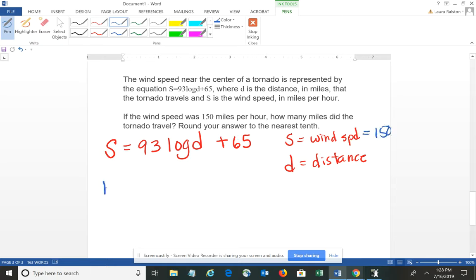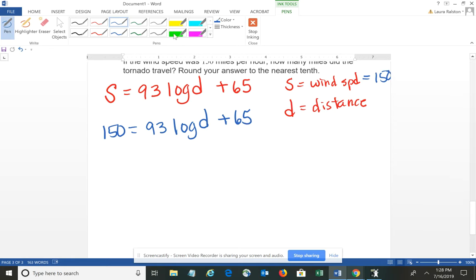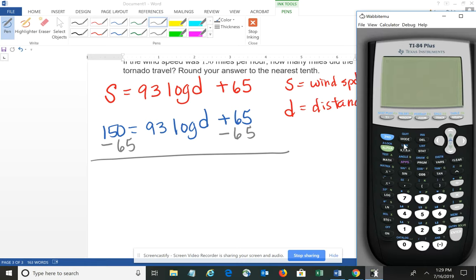So we would have 150 equals 93 times the log of D plus 65. And our ultimate goal is to solve for D. So we got to do some basic algebra. I need to subtract 65 from either side. So that's good old basic math. 150 minus 65.